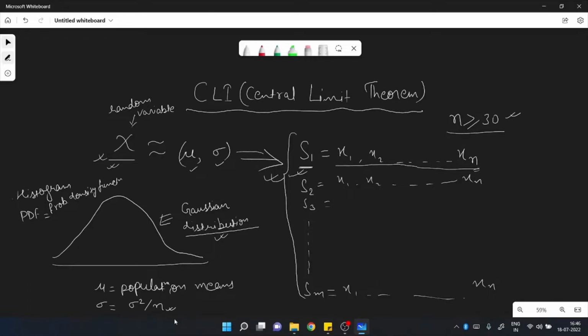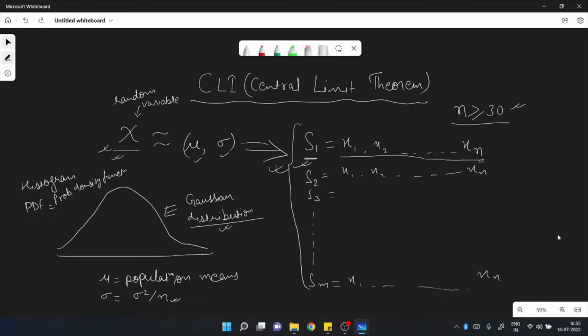One more thing about the central limit theorem is the type of data that we use for any analysis in our project. Is it a population data set or a sample data set? Of course not a population; it is a sample data set, and there this concept gets applied.